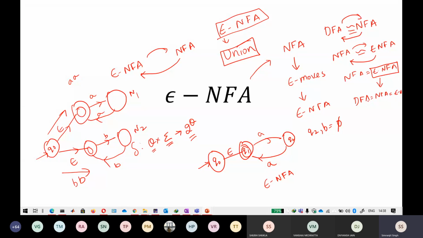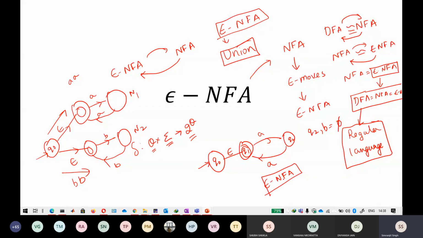It means that these three acceptors accept one particular language, called the regular language. Don't be confused about what a regular language is; I will tell you, and there is a definition also. By introducing an epsilon in the language, the expressive power of epsilon NFA is not increased.